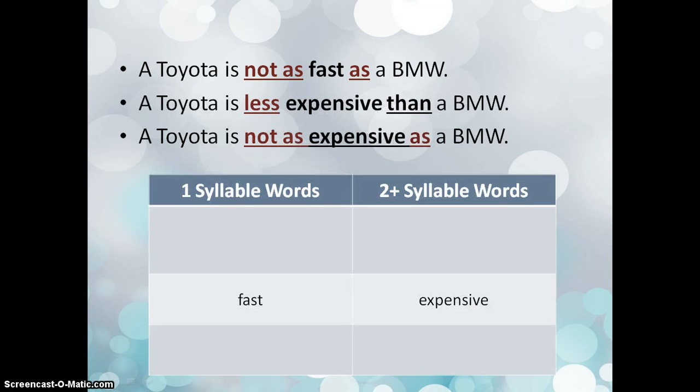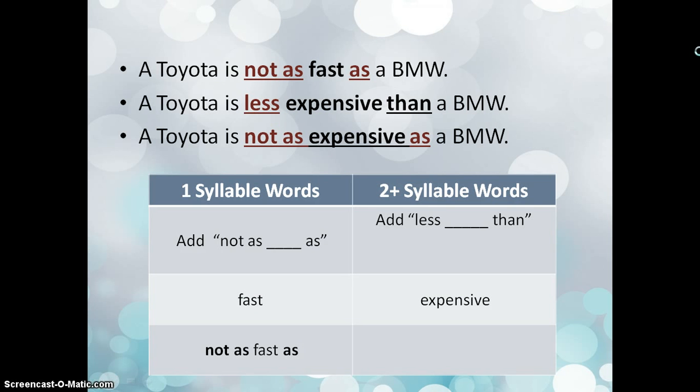Let's make our chart here. Look at our one-syllable words. I've already put the word fast there. We know if we are comparing things, we need to say not as as. So fast becomes not as fast as. On the other side, with our 2+ syllable words, we have expensive. With expensive, I can say less than.